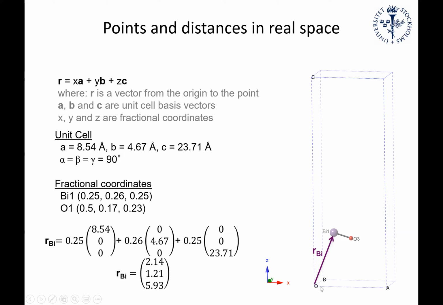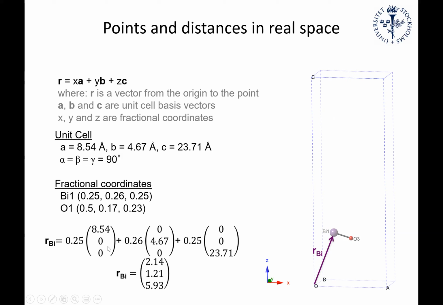We go from the origin to that position in the unit cell, and to get that vector from the origin to that atom, we can use this equation. So x is the fractional coordinate along X, times A, this base vector, which we put in matrix form. It's 8.54 angstrom along the X direction in real space.